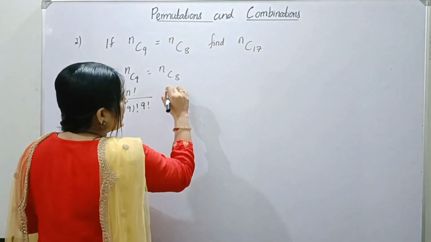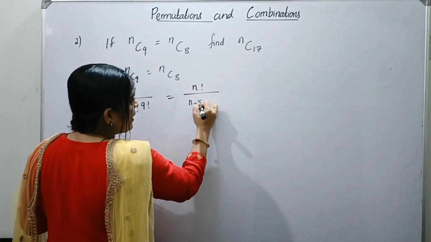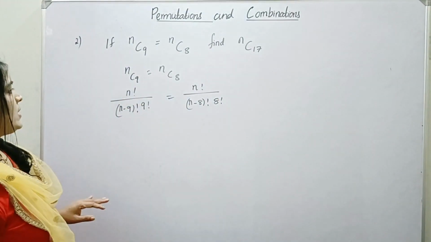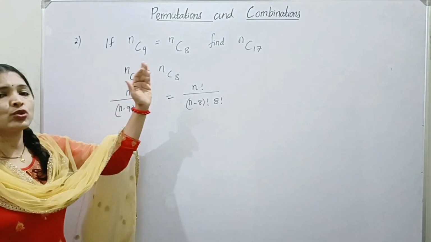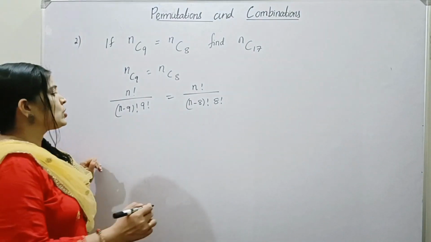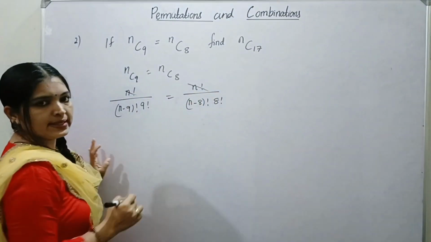That is equal to nC8, that is n factorial divided by n minus 8 factorial into 8 factorial. See here, on both sides, n factorial will be cancelled.